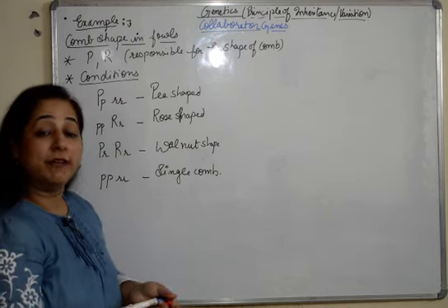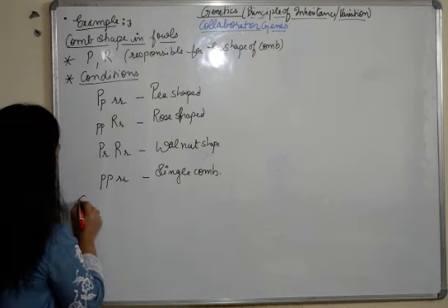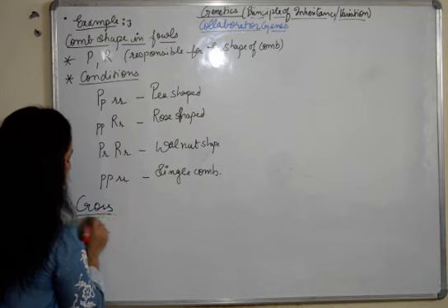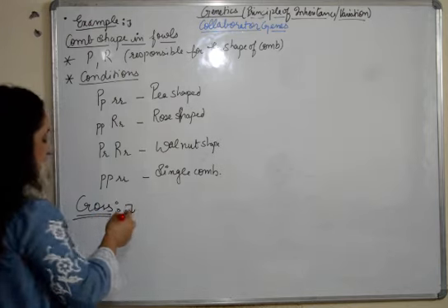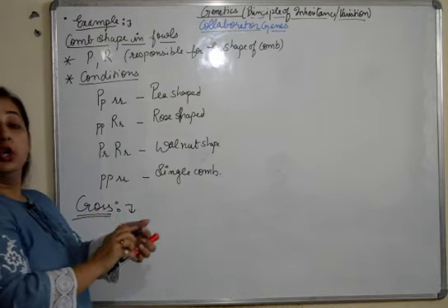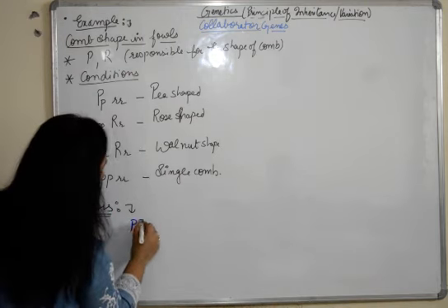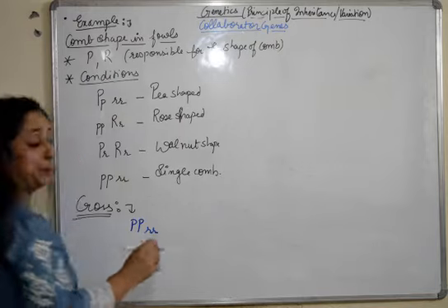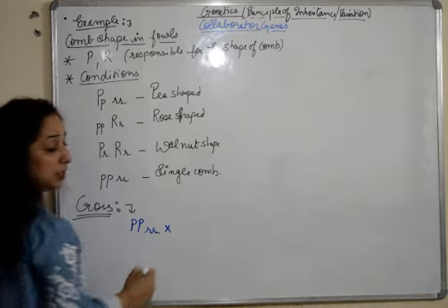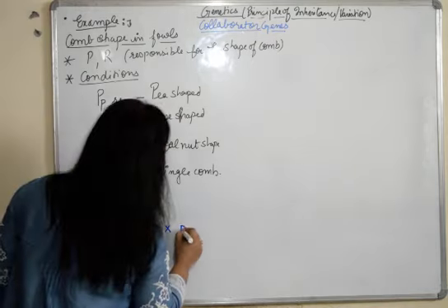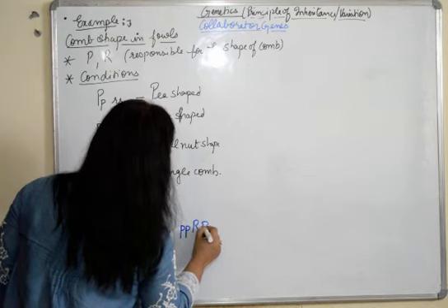So how do we find out? We will find out with the help of a cross. Now what do we do? We take the Mendelian pure lines and cross two fowls, one with P and maybe the other one with a rose condition, rose comb.